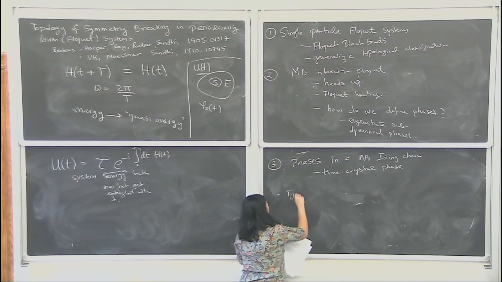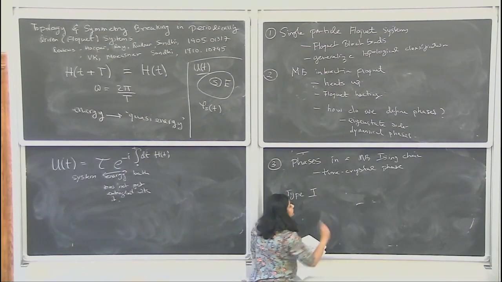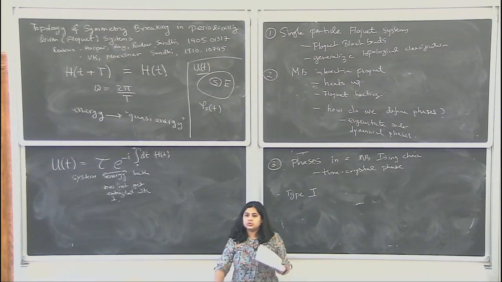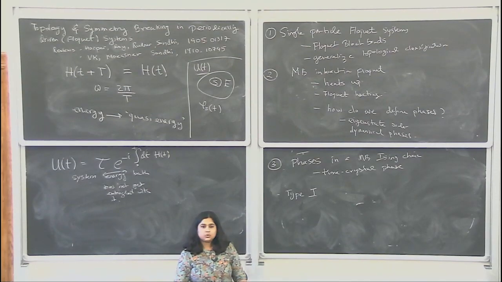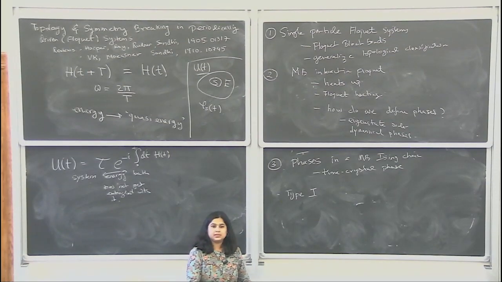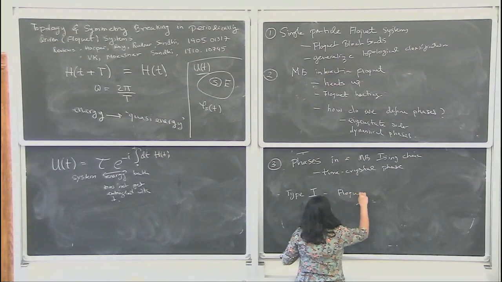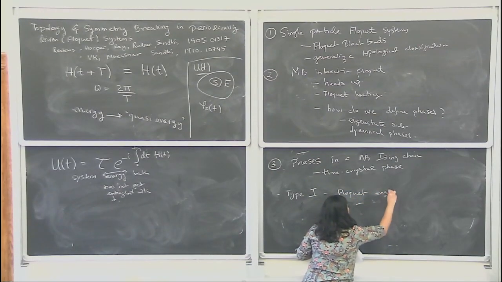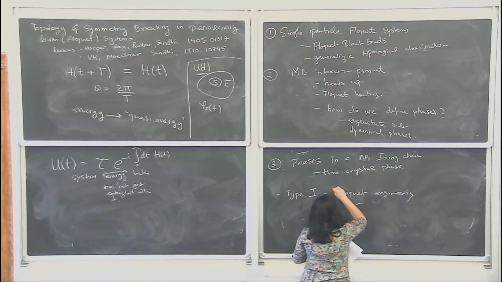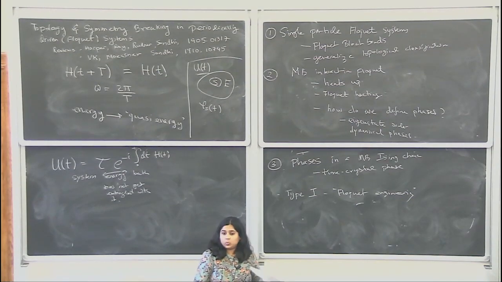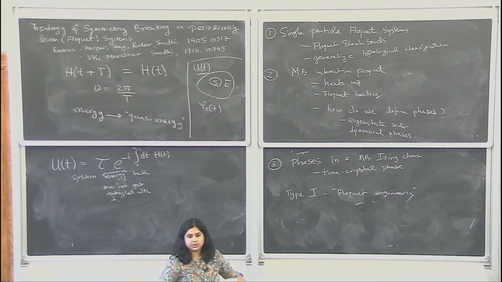Along the way, I want to distinguish between two kinds of Floquet phases that you might encounter. The first is so-called type 1 Floquet phases. In this, periodic driving or Floquet is used more as a tool to get Hamiltonians and phases of matter that already exist for static problems. You can think of this as Floquet engineering in a way. This is a tool that's often very interesting in a laboratory setting where you want to engineer some interesting band structure, but the systems that you have access to don't realize that in a natural way.